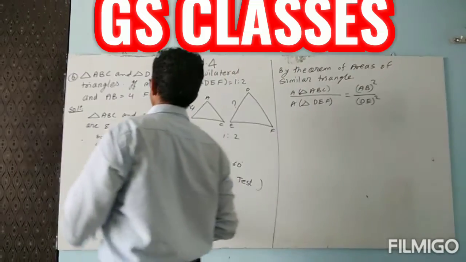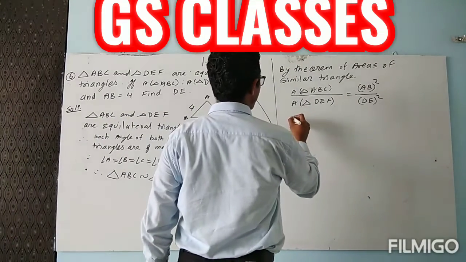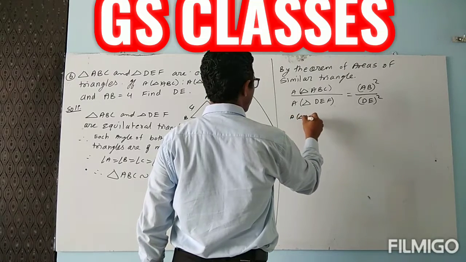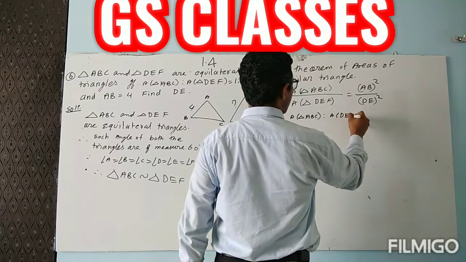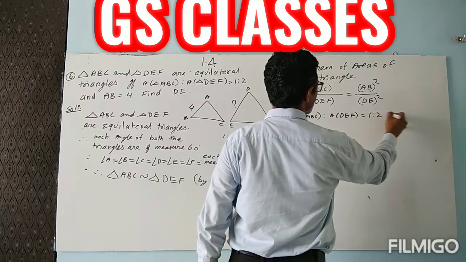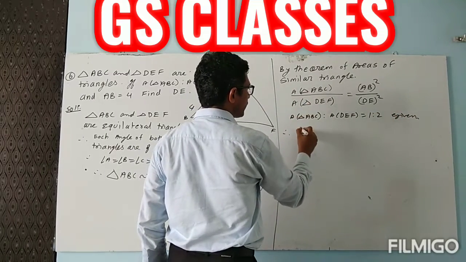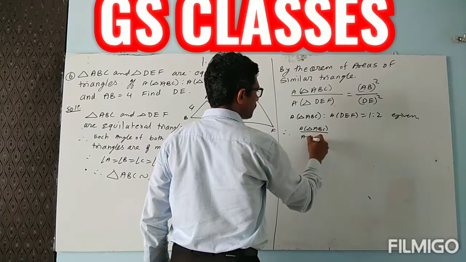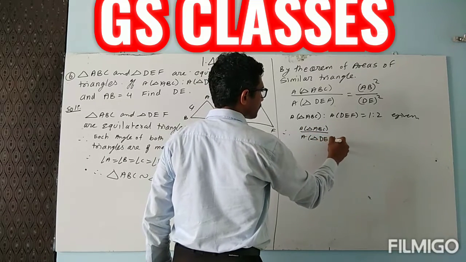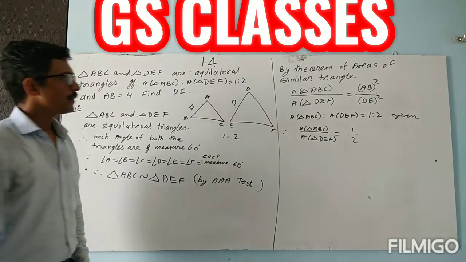Now children, they have given us their ratio, so we will write here area of triangle ABC is to area of triangle DEF equals 1:2. This is the given information. So area of triangle ABC by area of triangle DEF comes out as 1/2.